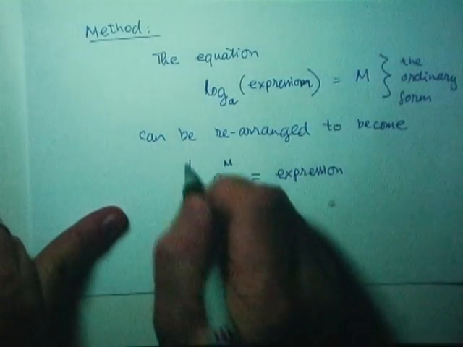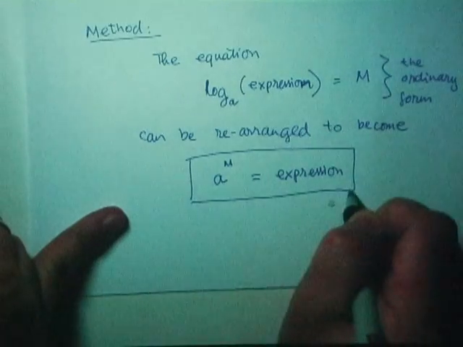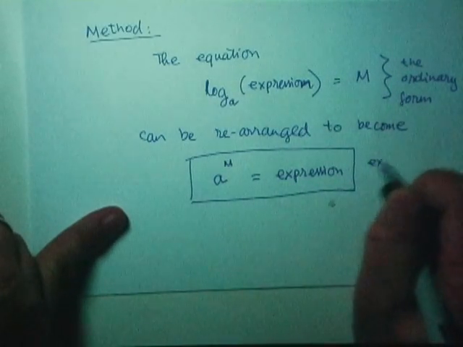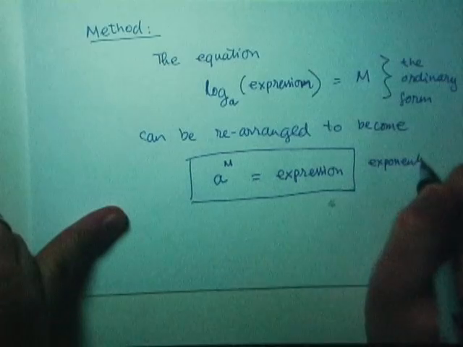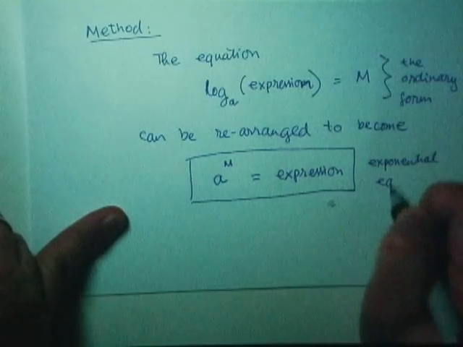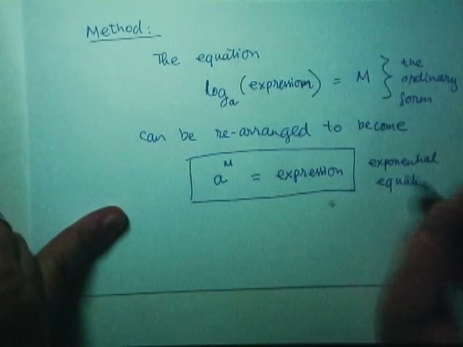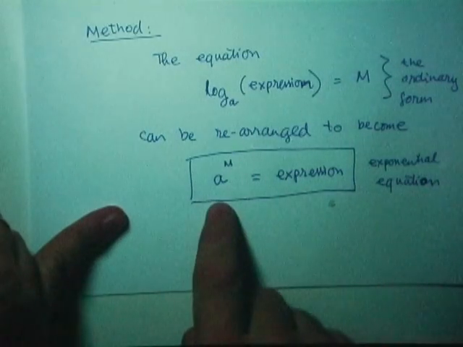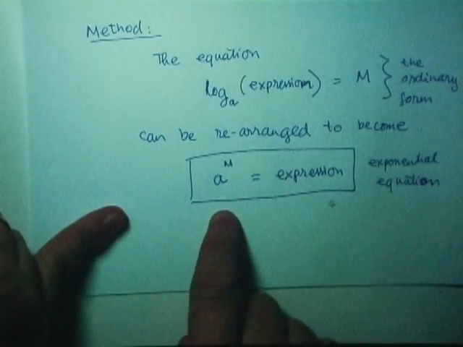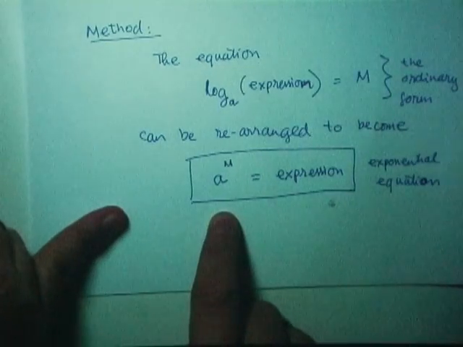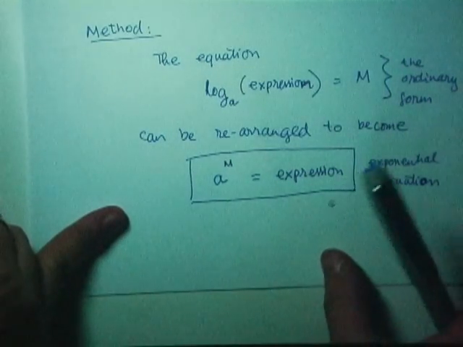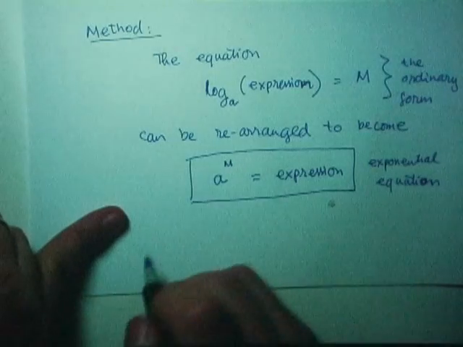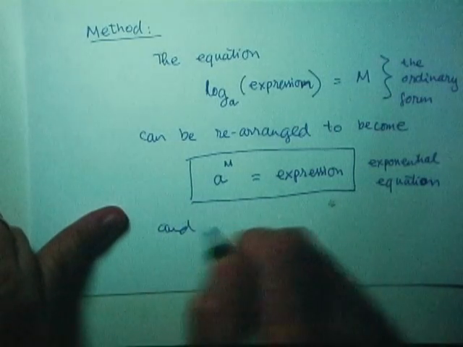As soon as you can rearrange your equation into something like this, an exponential, and this is what we call the exponential equation, as long as we can find a way to rearrange our equation into the exponential form, then we are good to go. This equation here gives us access into solving for x. Okay? And we can solve.